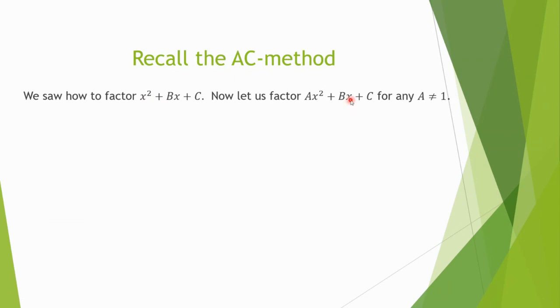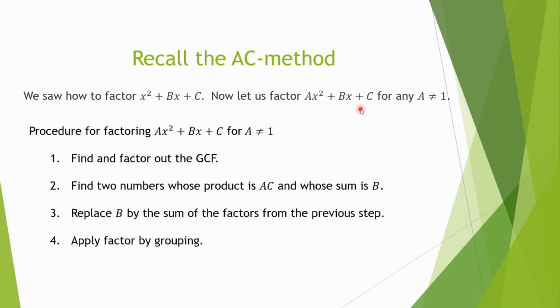It's actually a generalization of what we do over here, but here it actually is less steps because A is 1. So for this polynomial here, assuming A is not 1, this is the procedure. Now it's in the lecture notes, so of course you don't have to memorize it.